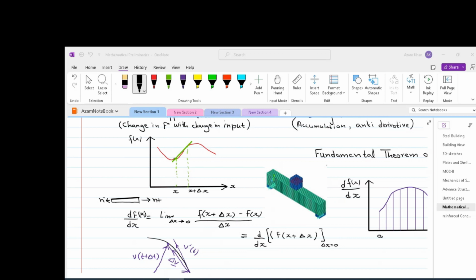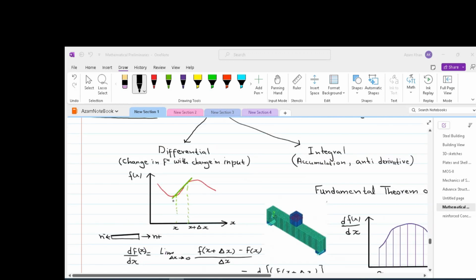On the other hand, if df by dx is decreasing, that would mean we are approaching the peak. So the rate of change of a function tells us where the maximum or minimum value of a function is, or where we have peaks and valleys within the function. This function can be describing any variable within a structure.